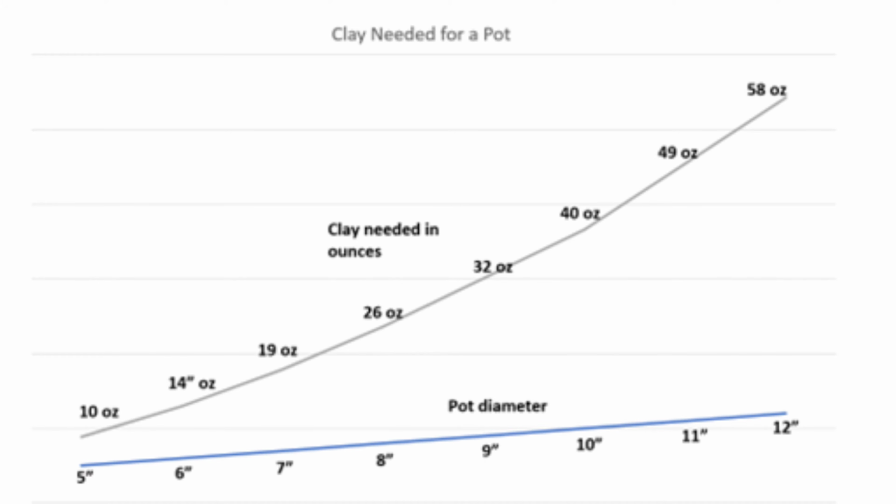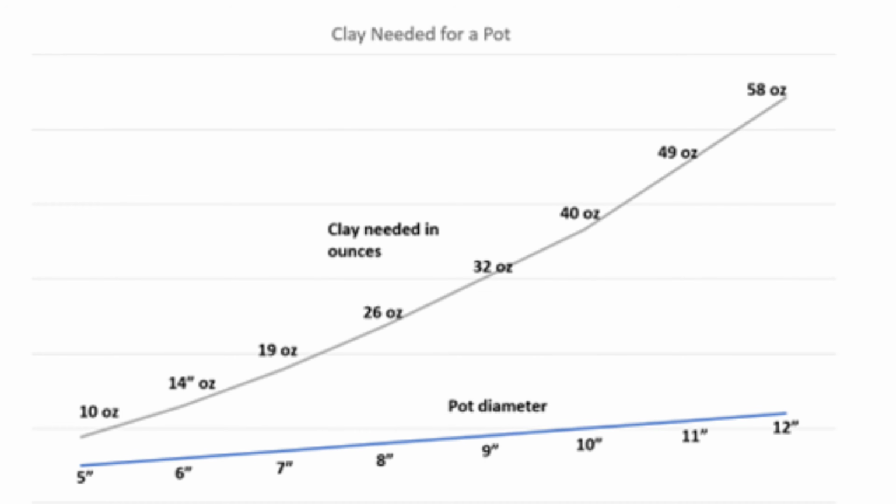And even though the diameter ramps up at an even rate, the amount of clay by weight goes up rather quickly. So you might want to take a screenshot of this if that would be helpful to you, so you can determine the amount of clay you need.